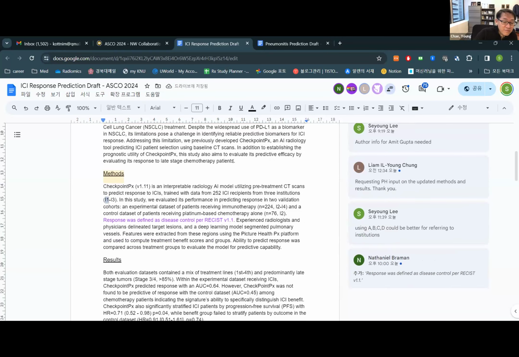So for the chemotherapy patient, I would say late stage response to systemic therapies, just say therapies, period.